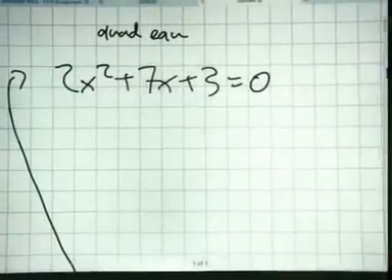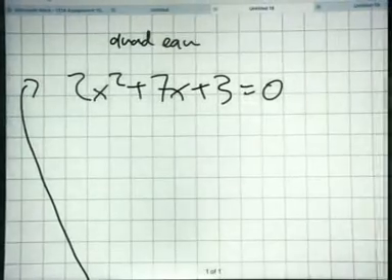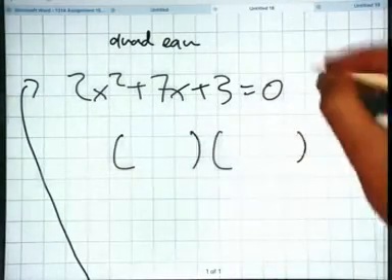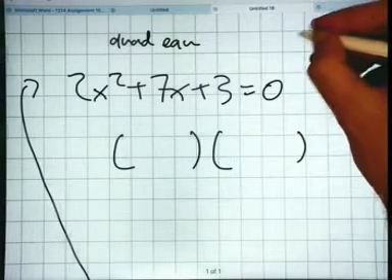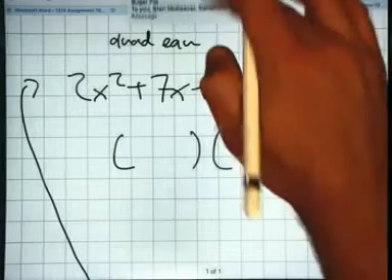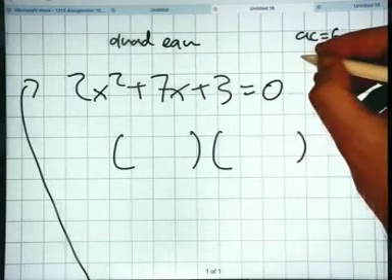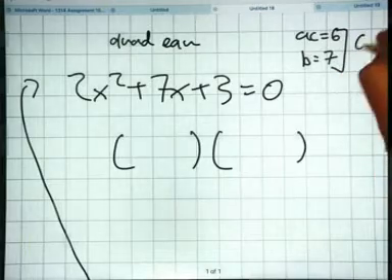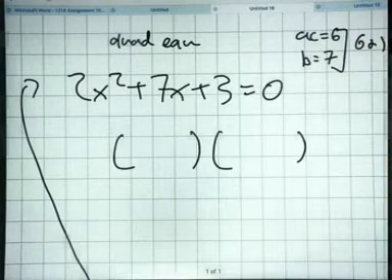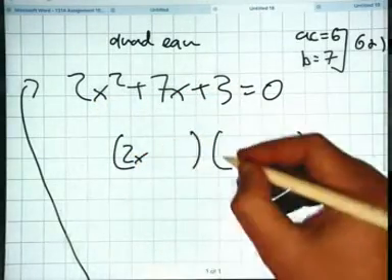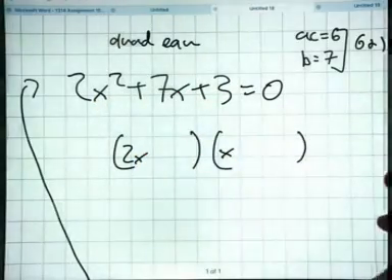So, AC method, what are the factors of AC? AC is going to be equal to 6, that sum to B, B is equal to 7. So the factors are going to be 6 and 1. So let's start with the 2x squared. The only way to make 2x squared is a 2x and an x.